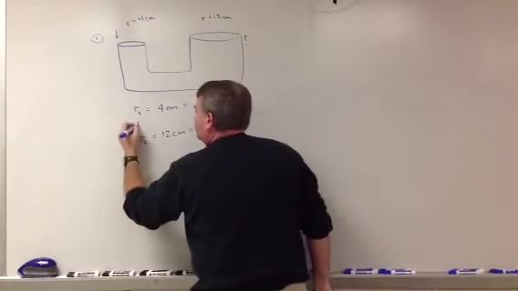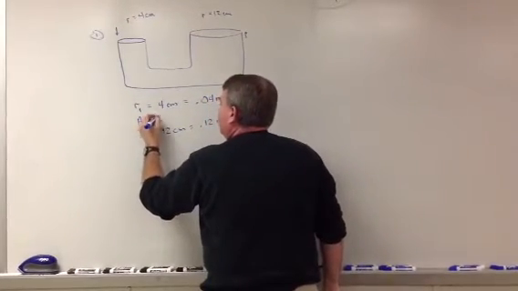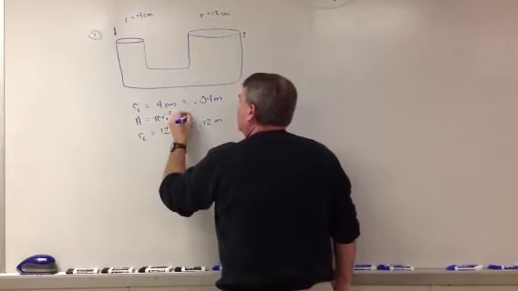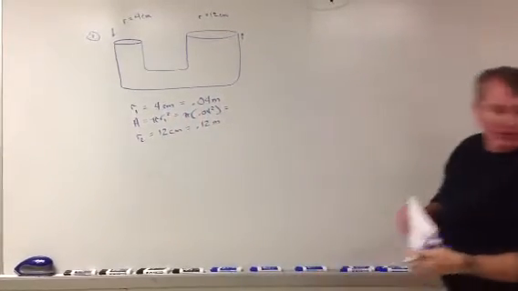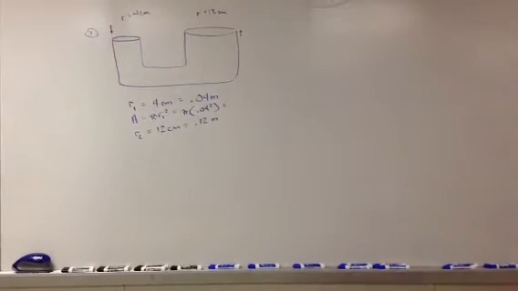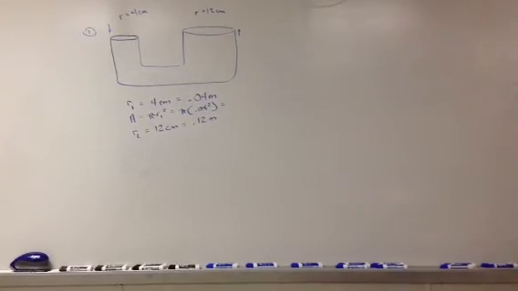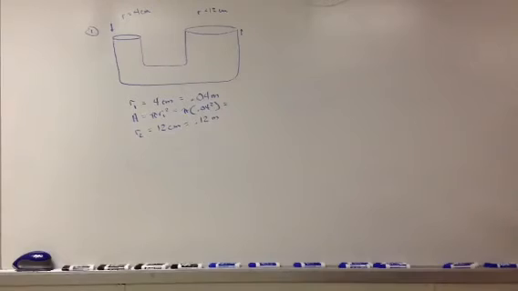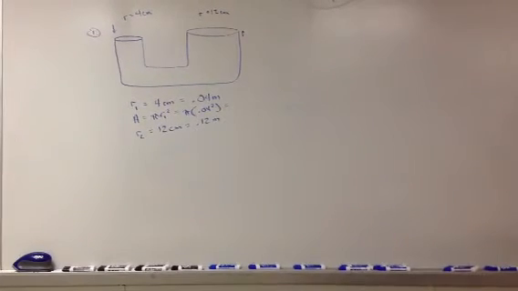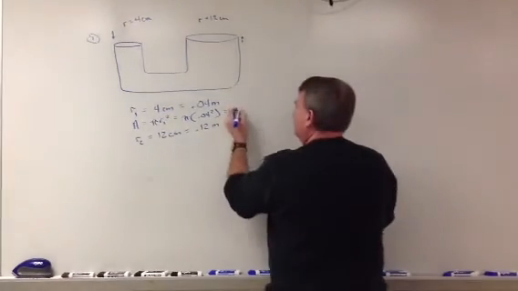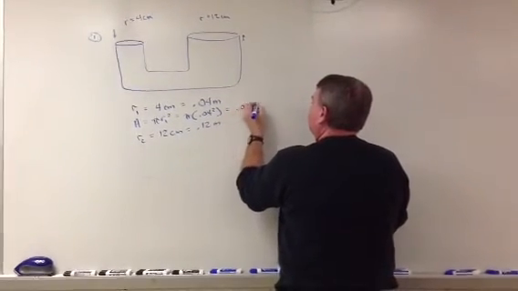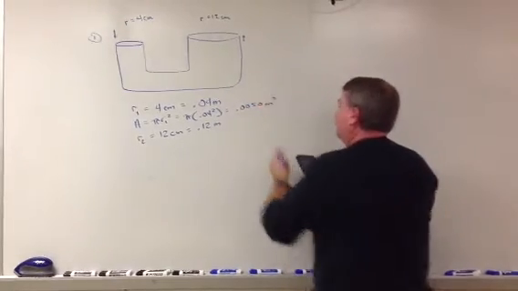The area of the first piston is going to be equal to pi r1 squared, which is going to be pi times 0.04 squared. And we need to punch that in a calculator real quick. Alright, that gives us 0.0050 meters squared.